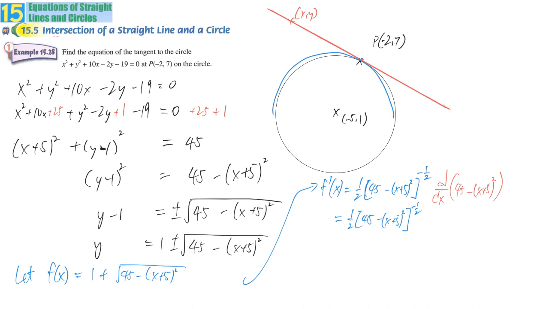If we differentiate it, it gives us -2 times (x plus 5) to the power of 1, and then differentiating x plus 5, we get 1. That's why the slope is negative (x plus 5) over the square root.